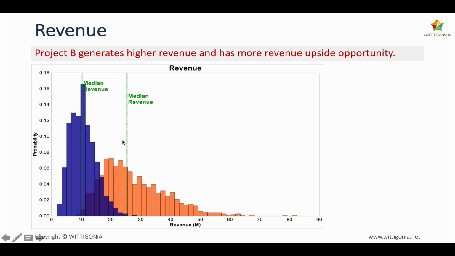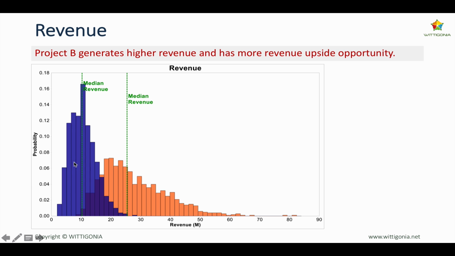So the median value for project B is actually fairly high. It has a wider spread, but it has more upside. So it means that in some cases, there are more chances that the project could exceed the median value of roughly around 25 million.